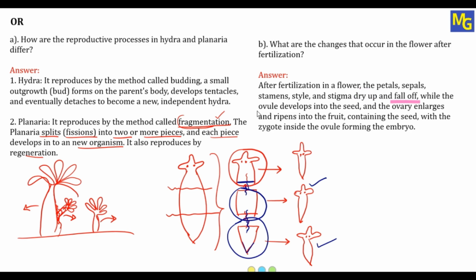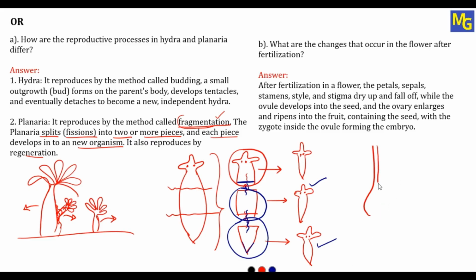While the ovule develops into a seed. Ovule is the part that has the zygote. So that will convert into a seed, and besides all, the ovary will enlarge and ripen into the fruit. So the ovary will become a fruit and the ovule will become a seed. If you see, the ovary will be like this, and this will be the style, and after the style there will be a stigma. So here I will draw it neatly.